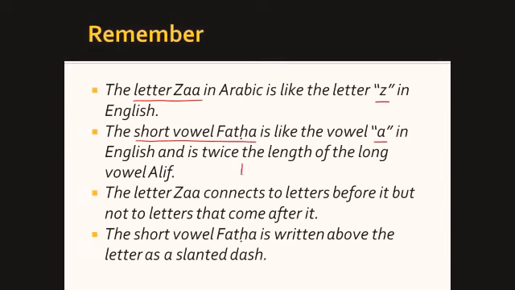Again, the long vowel alif looks like this, but the alif is 2 times the length of the fatha. So we have here the alif is a and the fatha is a. And the fatha is written above the letter.